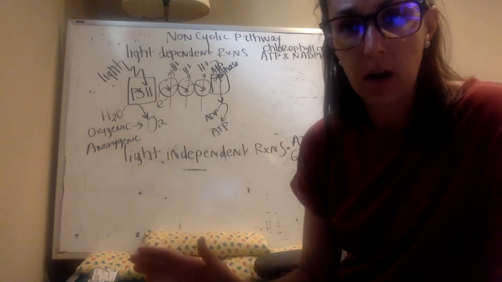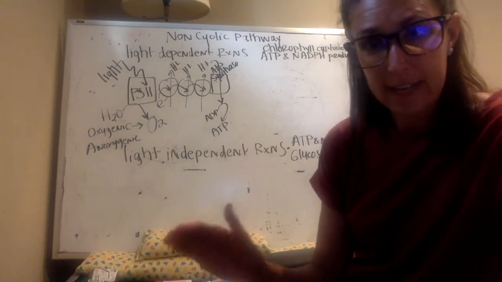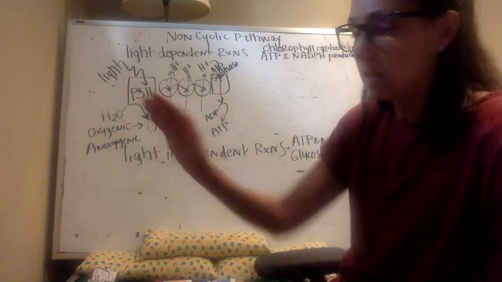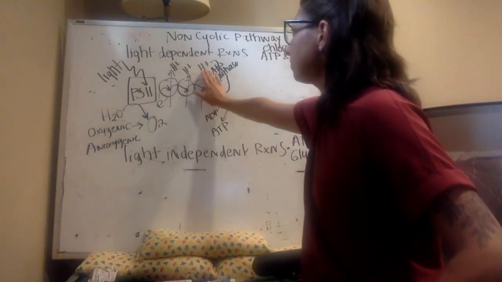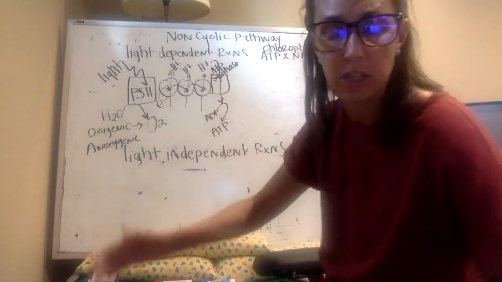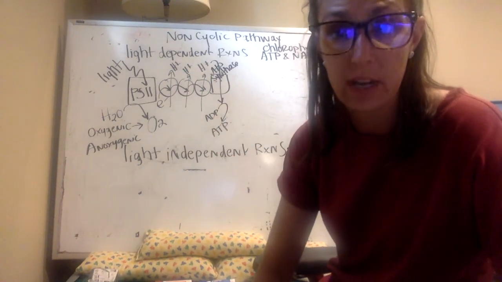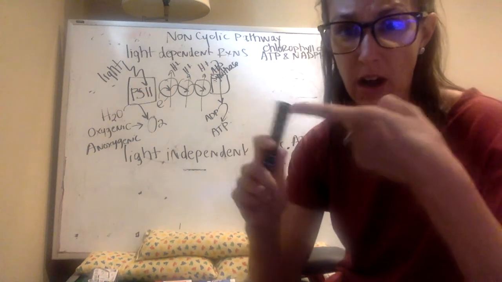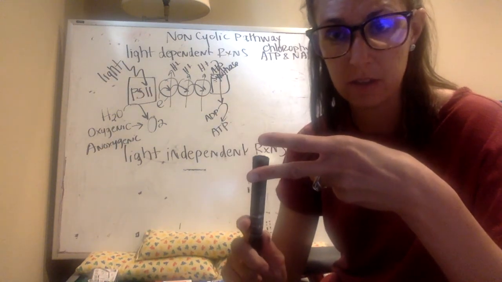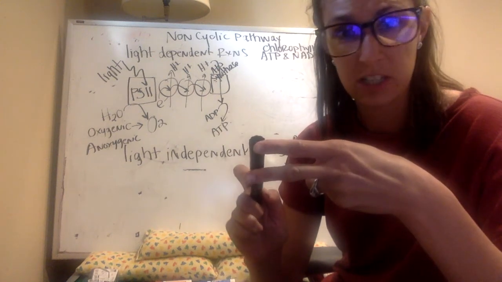Both of them are examples of something called chemiosmosis. Chemiosmosis is simply the use of an ion gradient to power the formation of ATP. So in chemiosmosis, you have both oxidative phosphorylation and photophosphorylation. Oxidative phosphorylation doesn't use light.